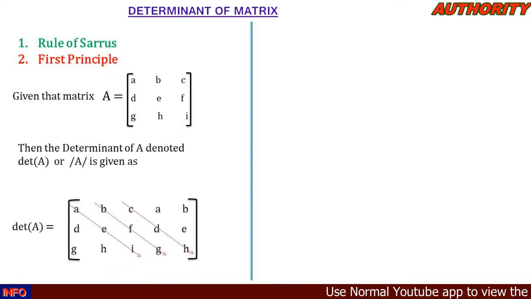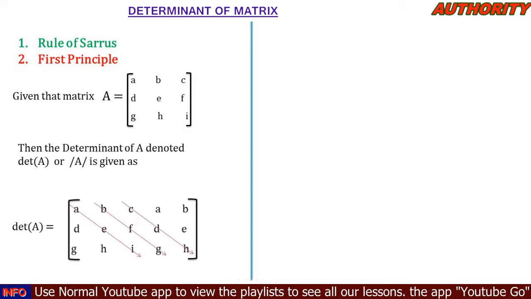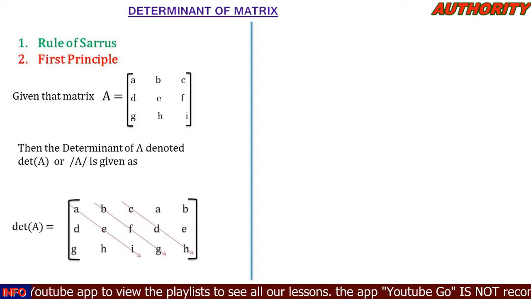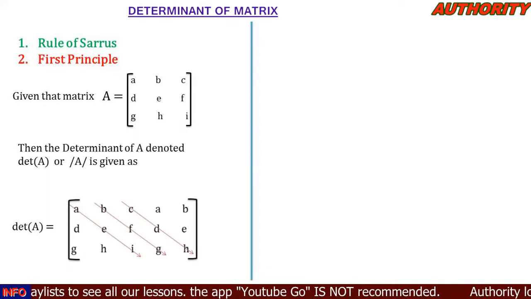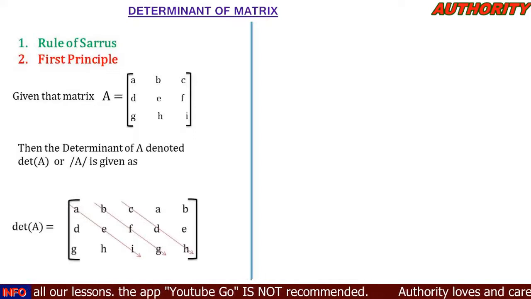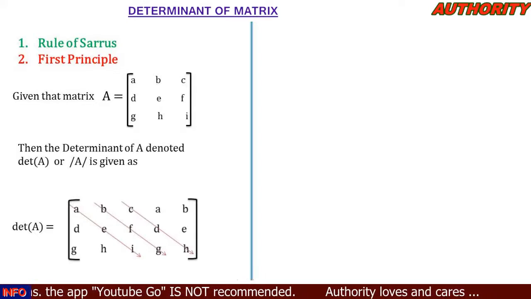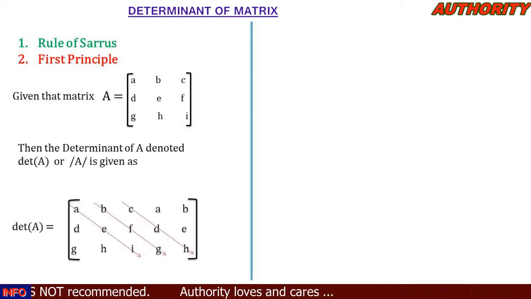Then we draw the line from BFG and extend it to the next diagonal, that is CDH. So you draw this line for the main diagonals: AEI, the next one BFG, the next diagonal CDH.